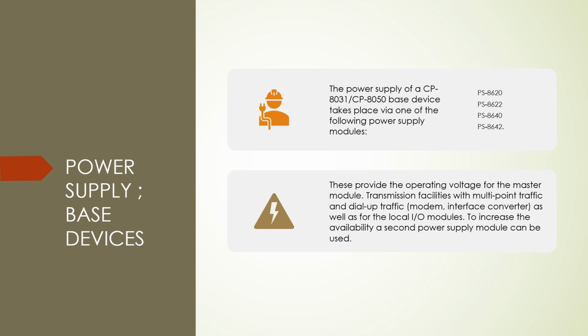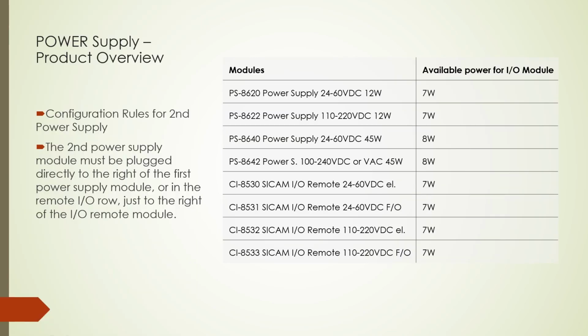So this is the power supply product overview. You are able to see which module supports which power supply, I mean 24 to 60 volt DC or 110 to 220 volt DC, and how much wattage is supported by this power supply. The available power for the IO modules is 7 watt, 7 watt, 8 watt, like this. So this is the power supply for IO rows. There are two methods.